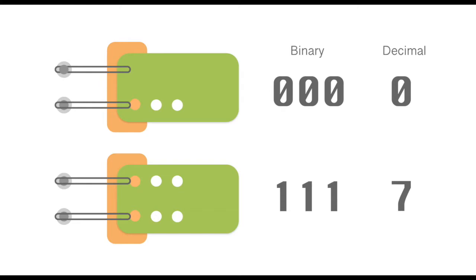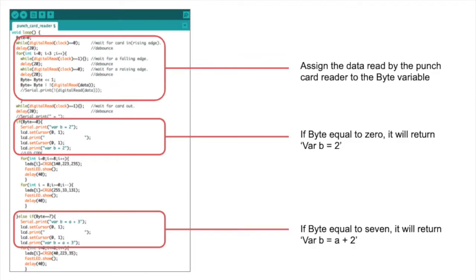So if we change the binary number to a decimal number, 000 equals 0 and 111 equals 7. So in this if statement, if byte equals 0, it will return var b equals 2. But if byte equals 7, it will return var b equals a plus 2. That is how the punch card reader gets the data from the punch card.